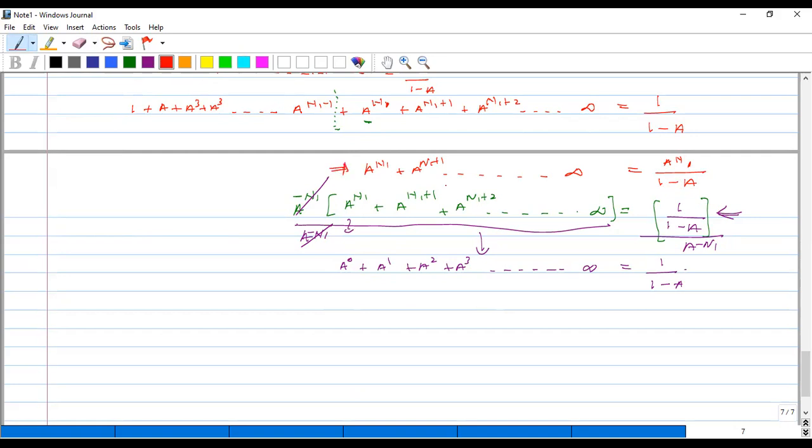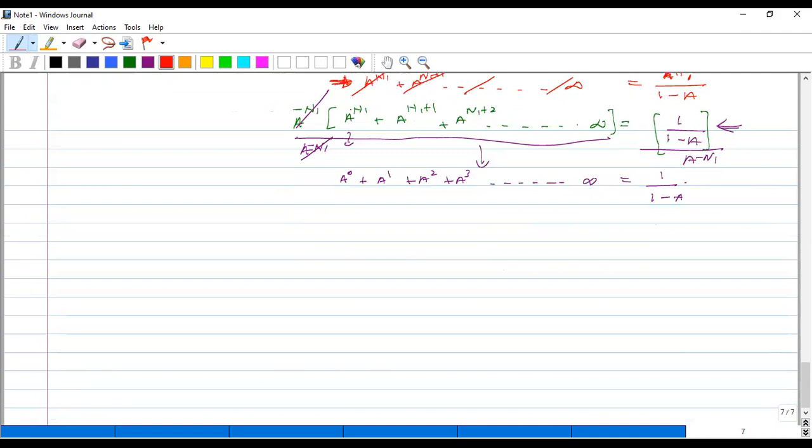I think we got this earlier. So if I subtract this from this, you can see that these terms will be cancelled out. A^n1 will cancel out, and all the later terms are cancelled out, so I will get only up to this level.